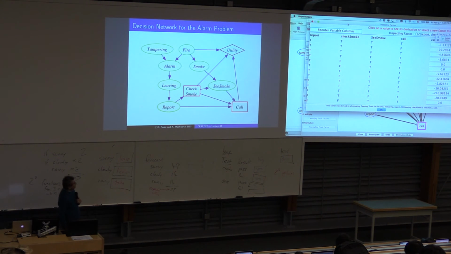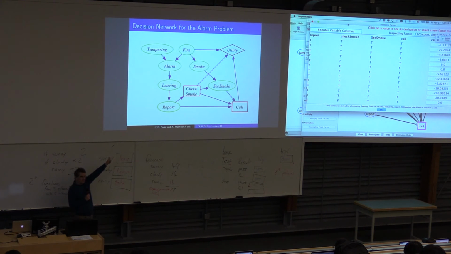So which decision variable is only in a factor with a subset of its parents? There are two decision variables, check smoke and call. Is check smoke in a factor with just a subset of its parents? What are the parents of check smoke?